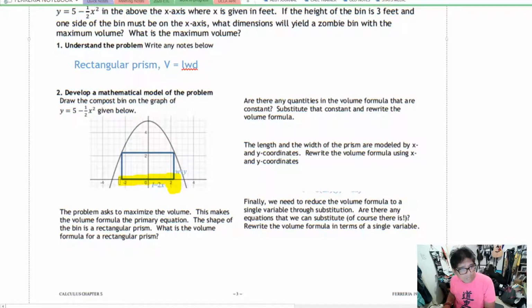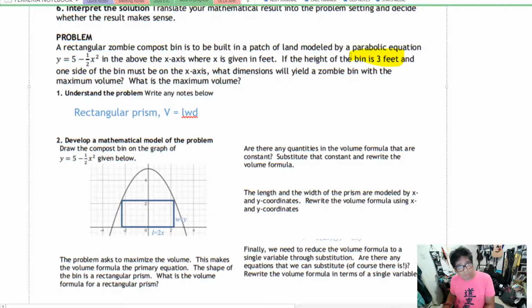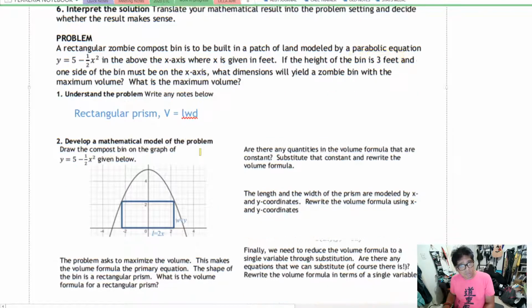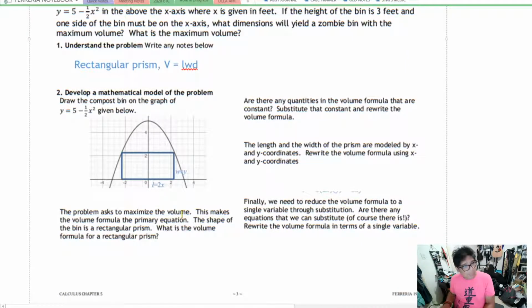We've also got this side over here. So this is x plus x, and that's 2x. The width of this compost bin is going to be the y-coordinate up over here. So what is the y-coordinate up there? And then the height or the depth of this compost bin, well, we're told that that's going to be 3 from the problem. So that's going to help us figure out the equation here.